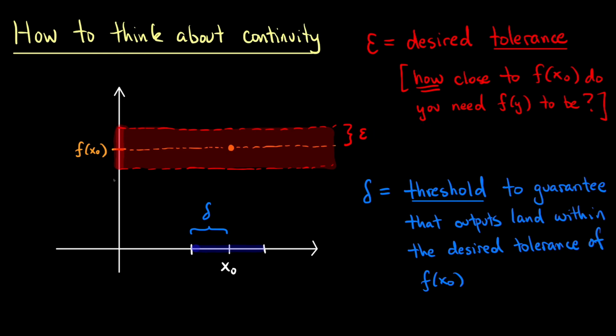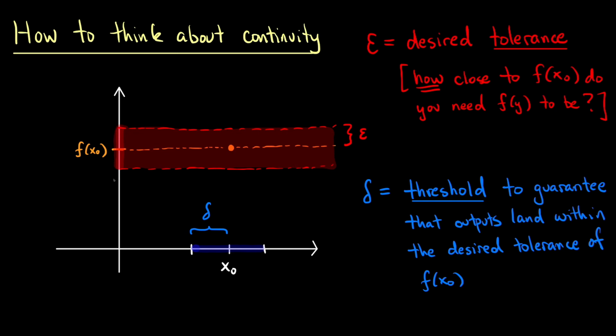And as long as your adversary specifies epsilon and gives you one particular epsilon, 10 to the minus 6 or 10 to the minus 9, once they fix epsilon, then you have the chance to find a delta. Your job is to find a delta so that any input value which is delta away from the special number x0 will land inside of this box here, this sort of red zone.